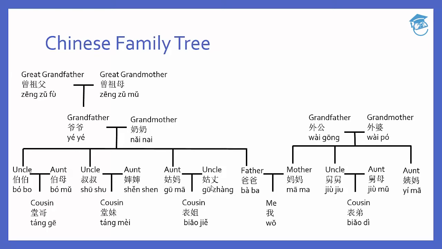Okay, so for the uncles and aunties, they have children, and in English we call them cousins, but we have different names for cousins depending on their age and also if they are within the surname as I do.